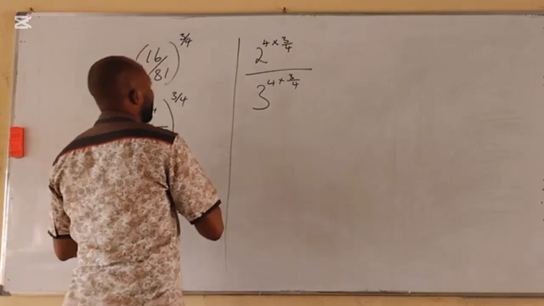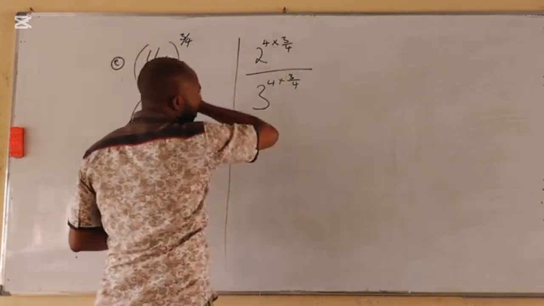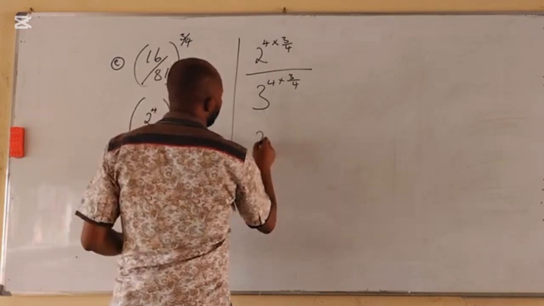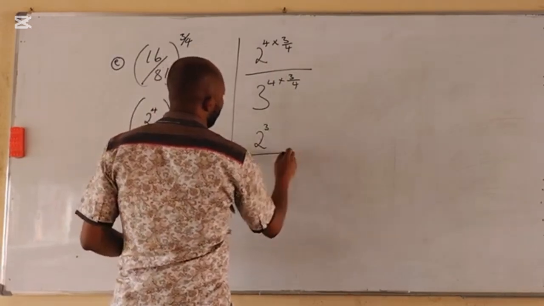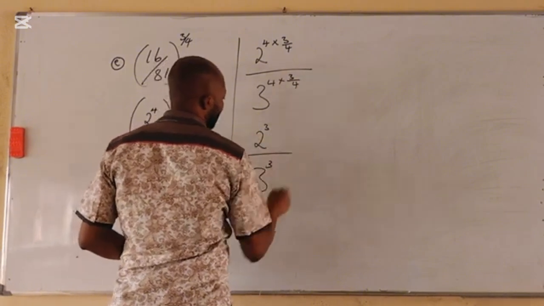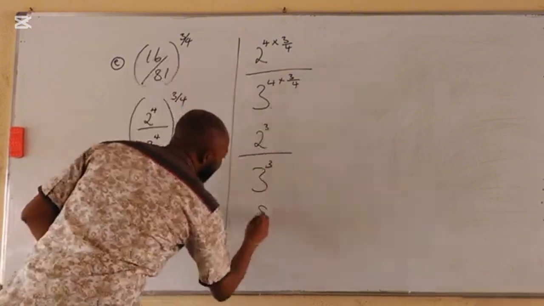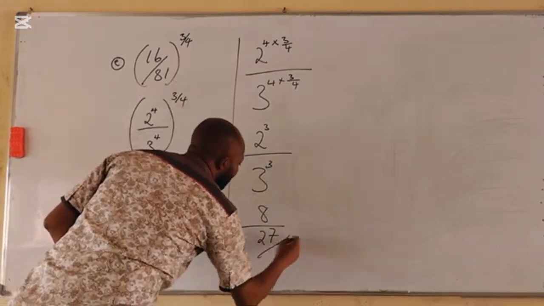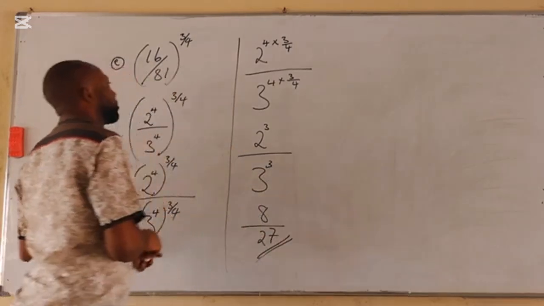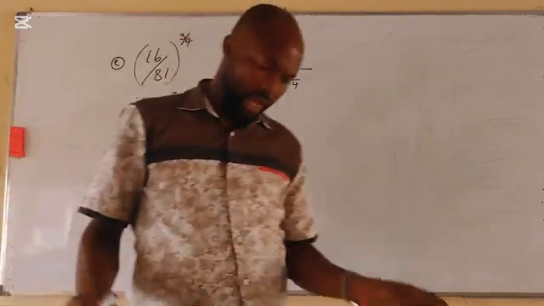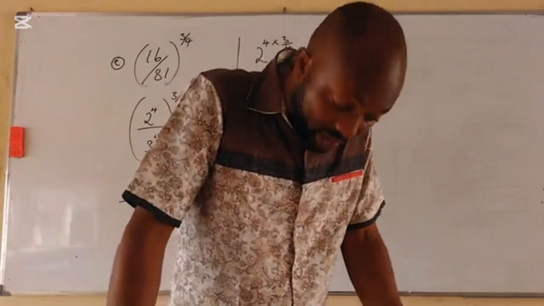Okay, now here 4 times 3 is 12. 12 divided by 4 is 3. So 2 raised to the power 3 over 3 raised to the power 3. 2 raised to the power 3 is 8. 3 raised to the power 3 is 27. So this is it. We move on. Let's take more questions.